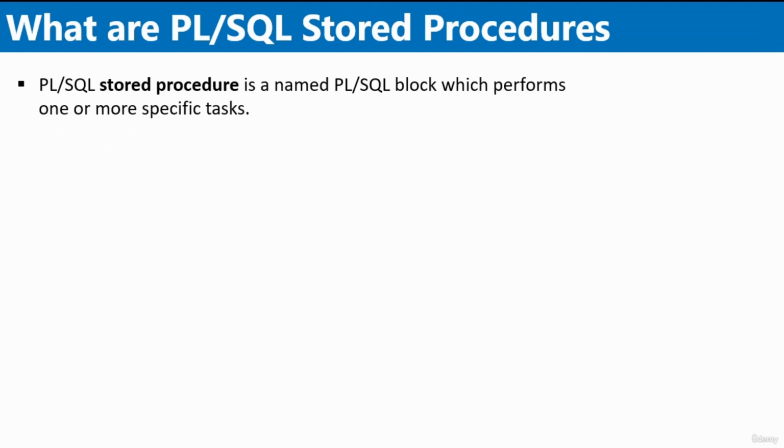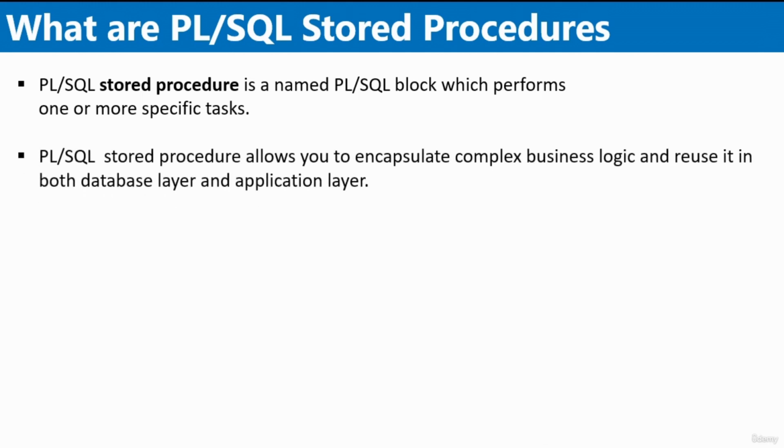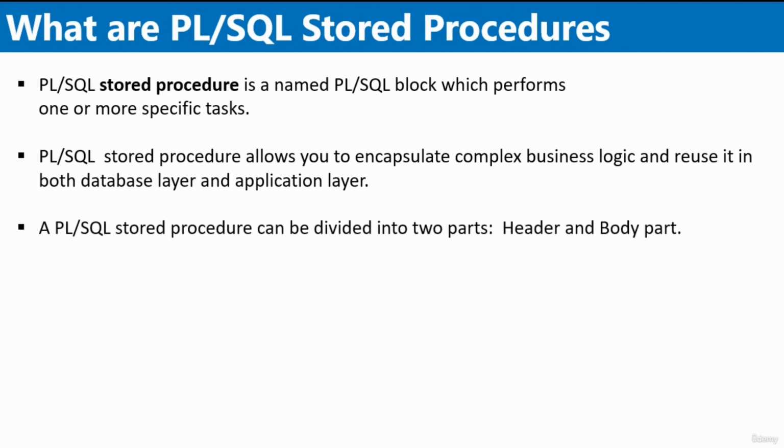PL/SQL procedures allow you to encapsulate complex business logic and also to reuse it in both the database layer and the application layer. A PL/SQL stored procedure can be divided into two parts, the header and the body part.